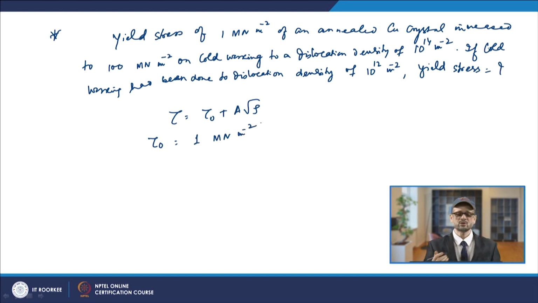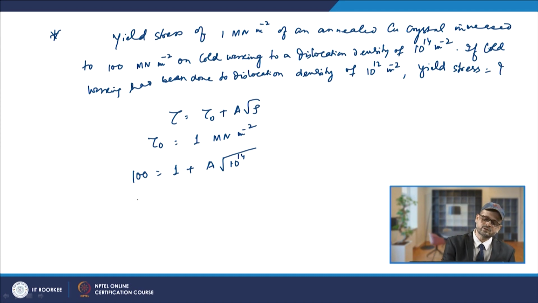For a dislocation density of 10 raised to the power 14, the value has gone to 100 mega Newton per meter square. So, 100 will be 1 plus A under root 10 raised to the power 14. Now, you need to find the shear stress to move the dislocation when the dislocation density has gone to 10 raised to the power 12.